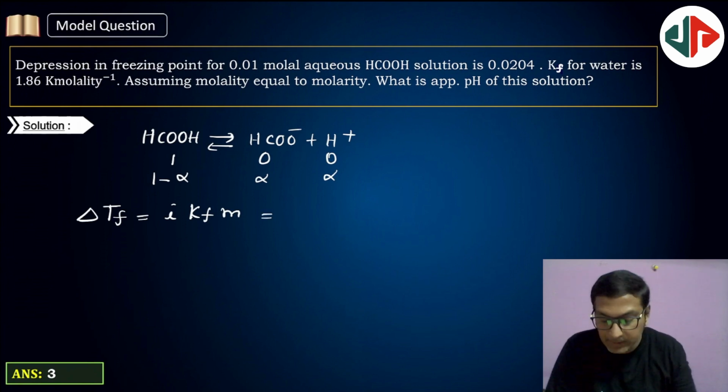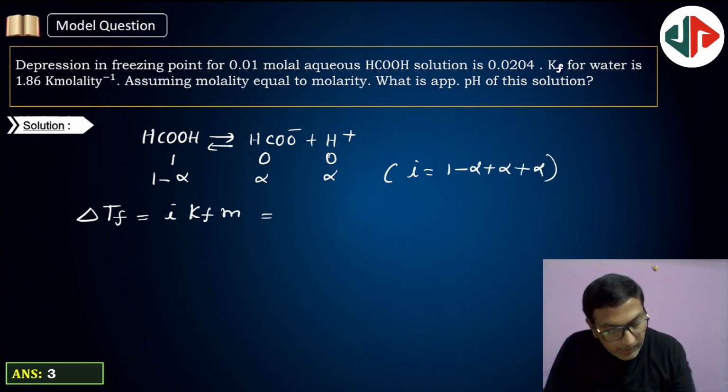That is the i value. So the total number of particles, i value, equals 1 minus alpha plus alpha plus alpha. That means minus alpha and plus alpha cancel. i equals 1 plus alpha.